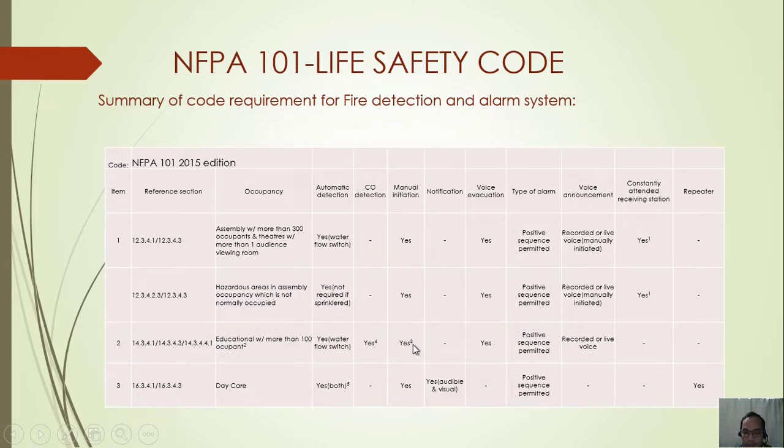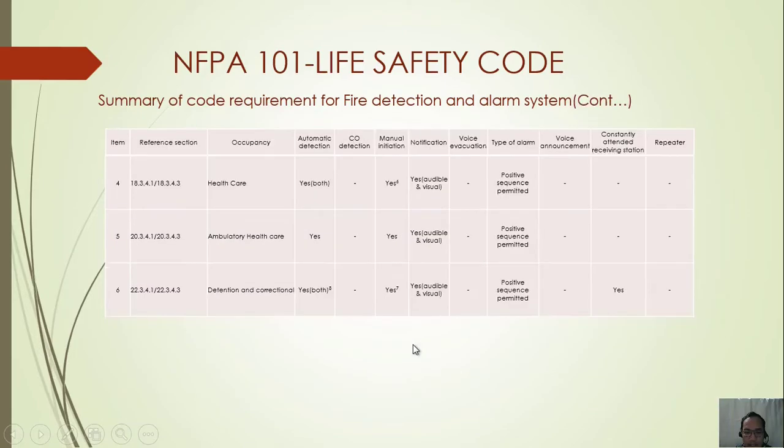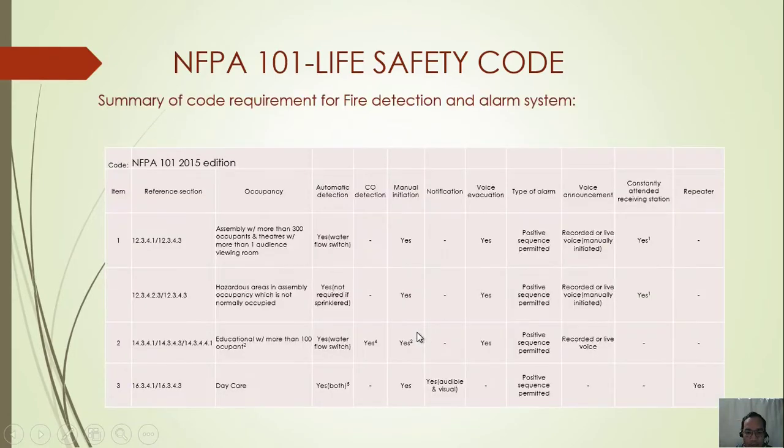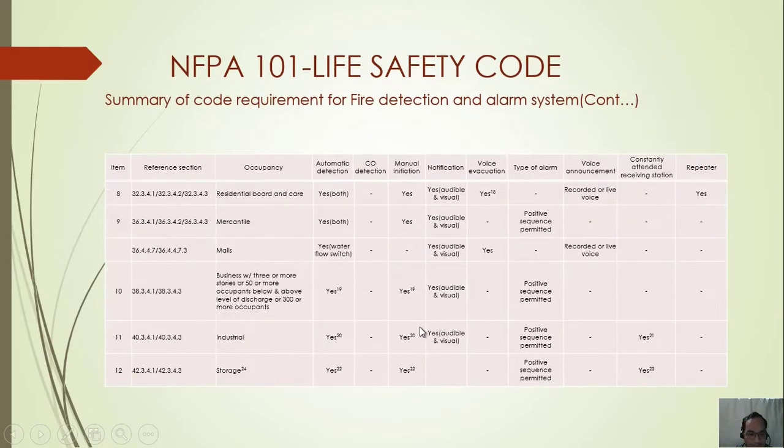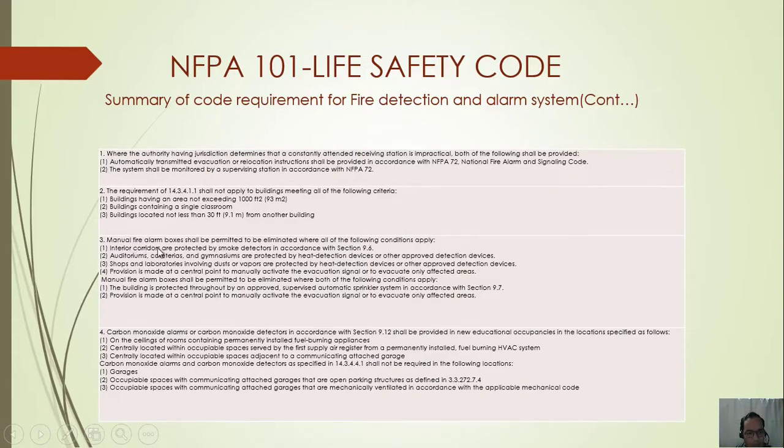For manual station, there is a note here, note 3. Let's see. For educational, what is the note for manual pull station? Manual fire alarm boxes shall be permitted to be omitted.